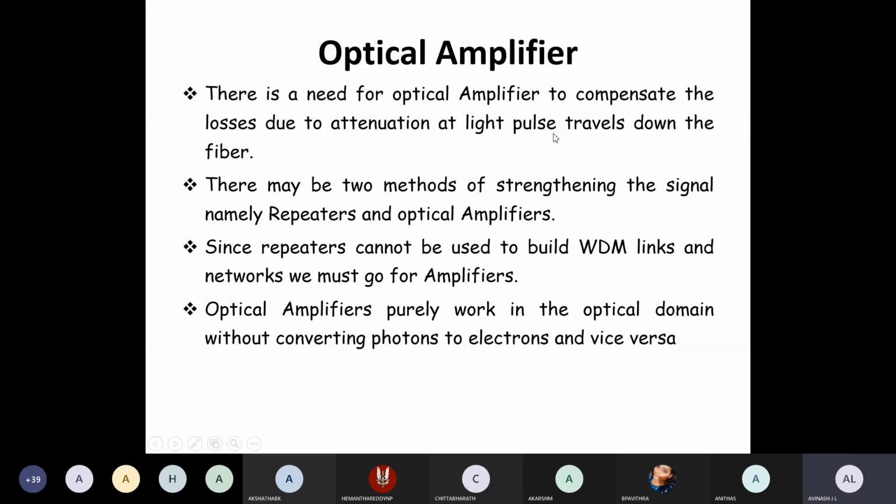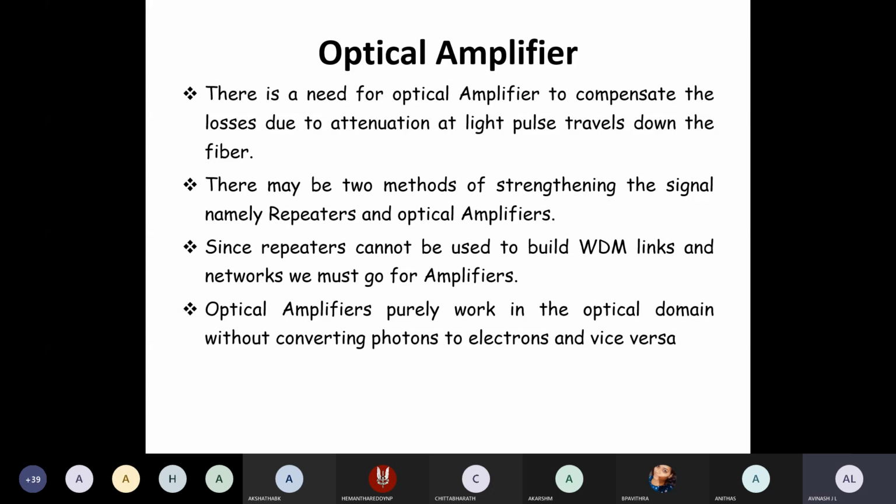So there may be two methods of strengthening the signal, namely that we can use repeaters or we can use optical amplifiers. The first one is about keeping the intensity of the signal up to the mark.